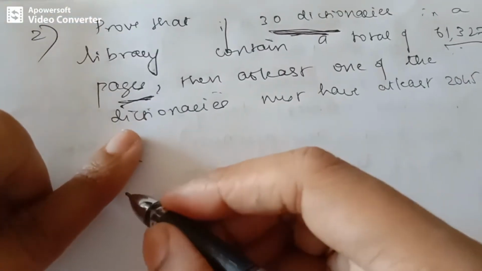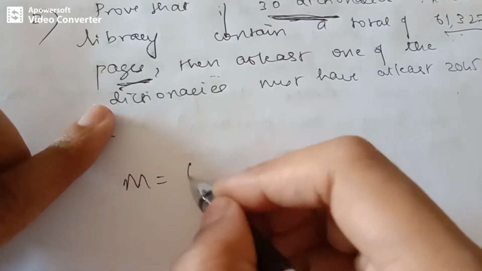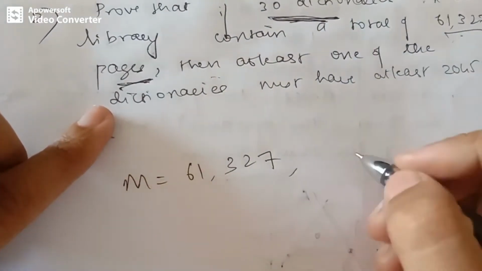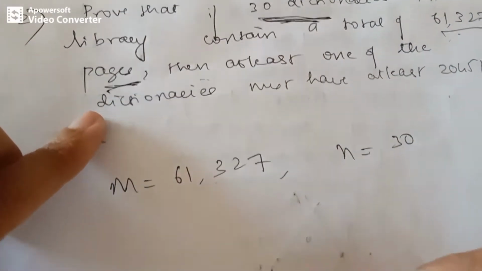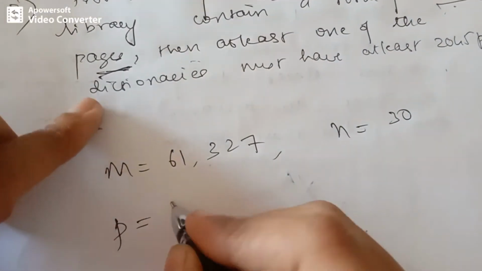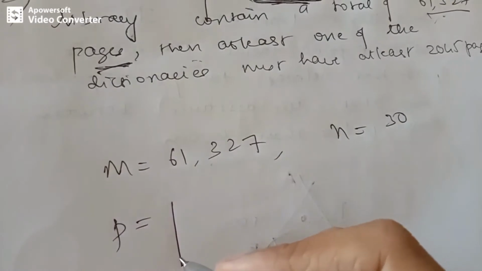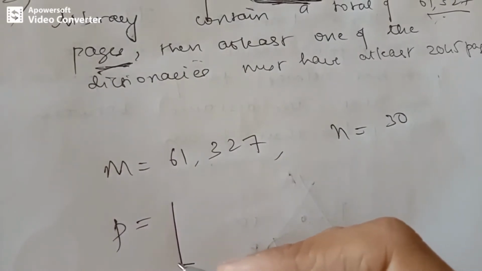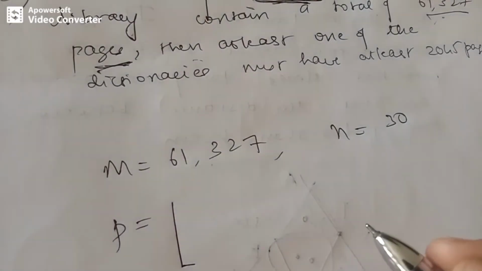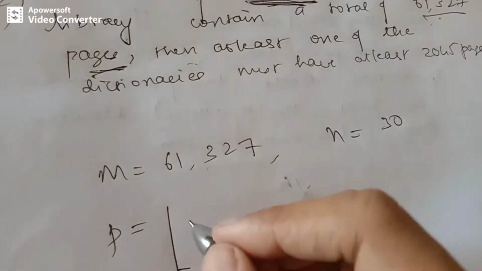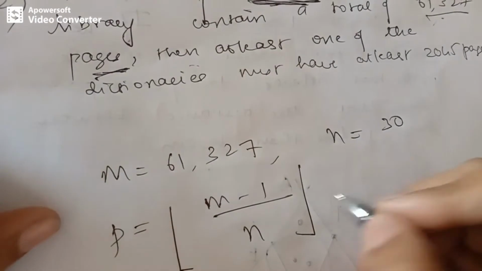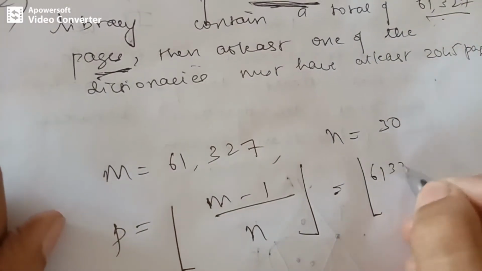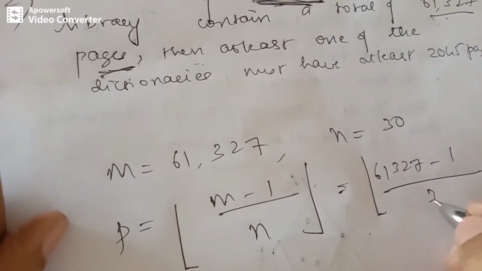So m will be 61,327 and n, the number of pigeonholes, is 30. As per the pigeonhole principle, we calculate the value of p using (m minus 1) by n, which is (61,327 minus 1) by 30.